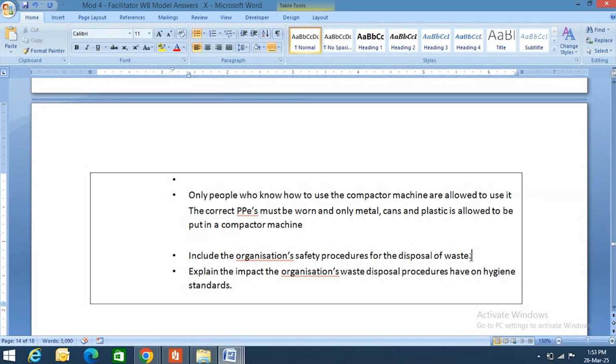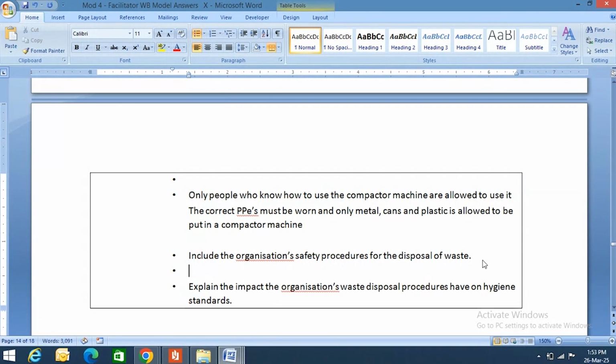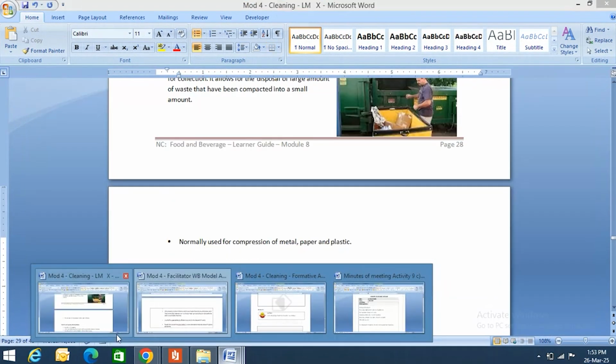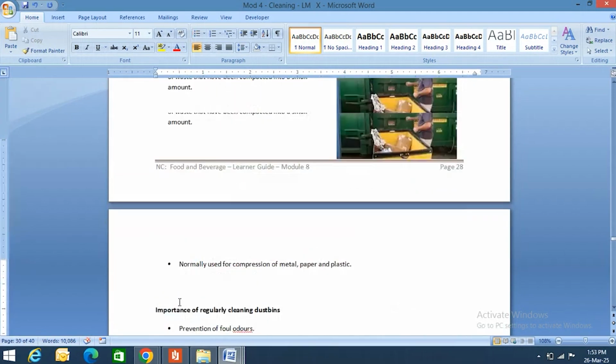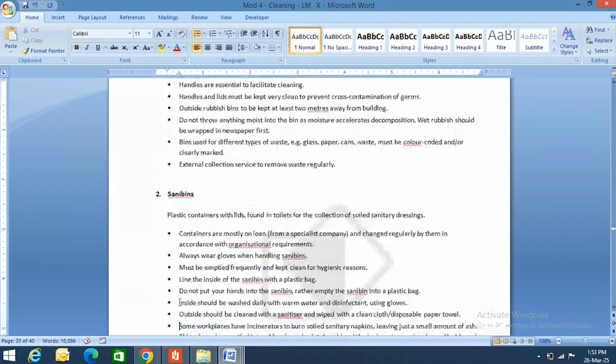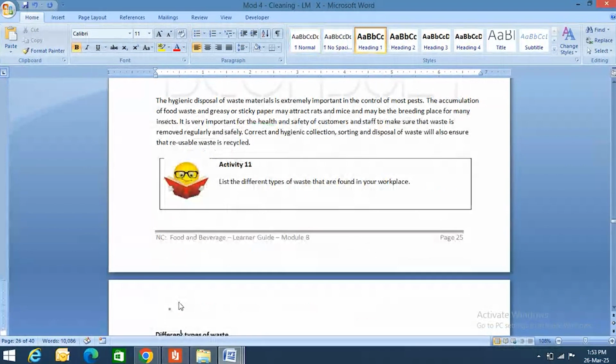Okay, the last one says explain the impact on the organization if waste disposal procedures are not up to hygiene standards. The last one, let's see, the answer is here in the learner guide. There, you can start off by writing this part.